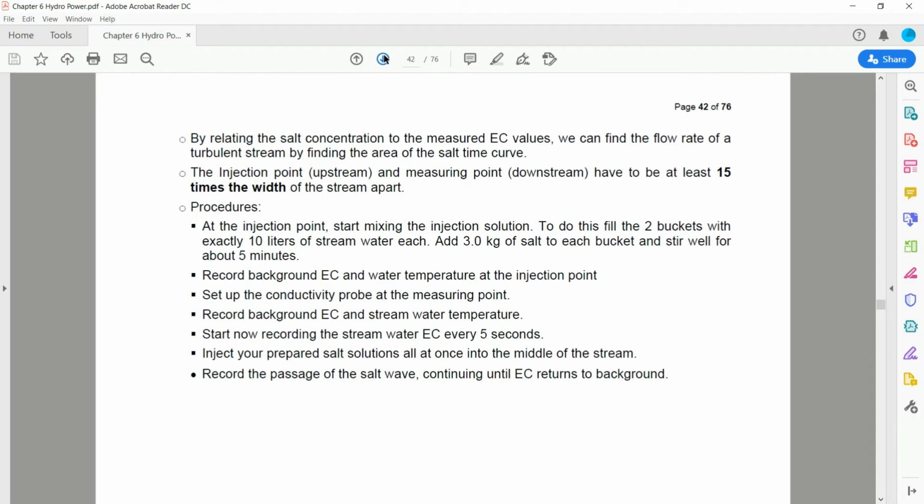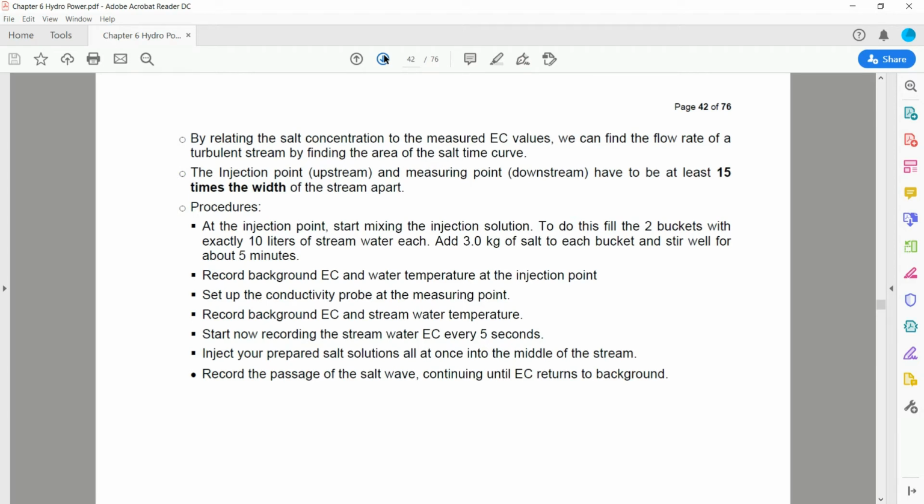To do this, you fill up 2 buckets with exactly 10 liters of stream water for each bucket. And then you add 3 kg of salt to each bucket and stir well for about 5 minutes. Then you go to the stream and you record the background EC and the water temperature at the injection point.